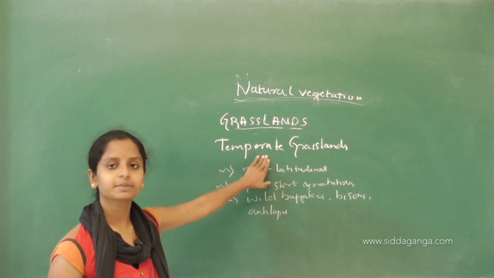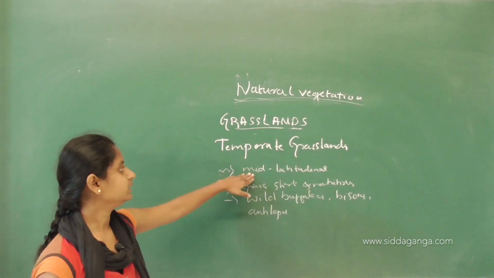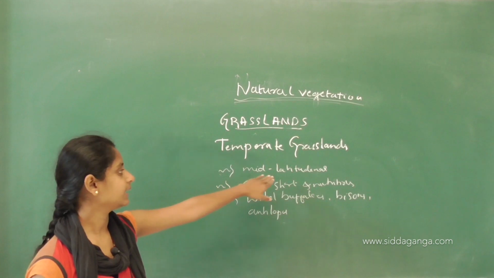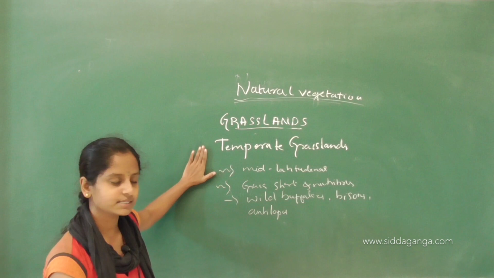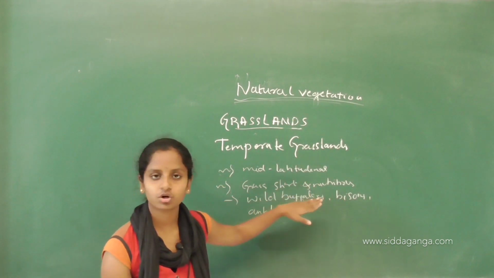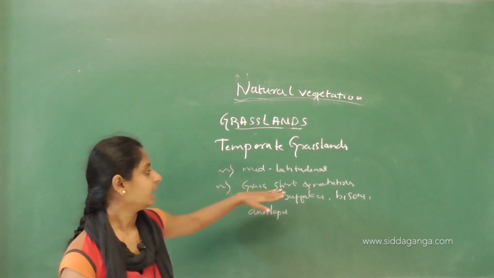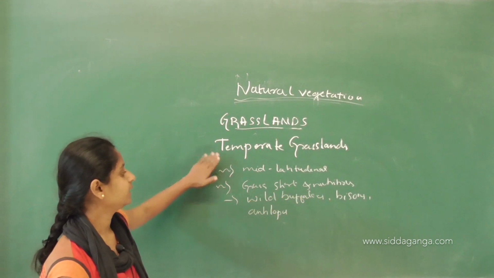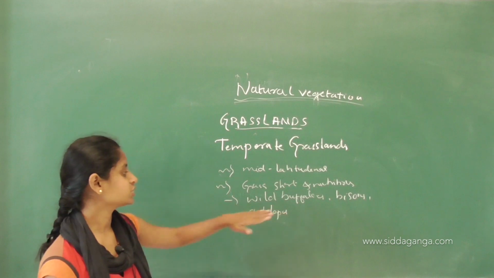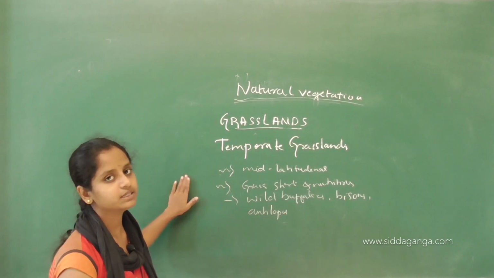See, in these temperate grasslands, we can see them in the mid-latitudinal areas. Here the grass will be very short and very nutritious. Wild buffaloes, bisons and antelopes can be seen.